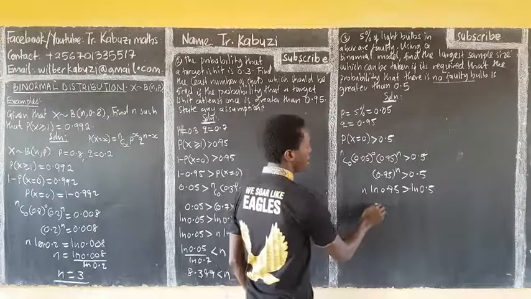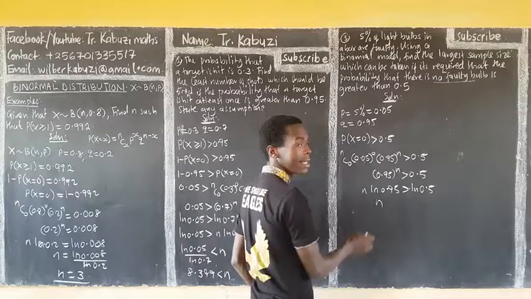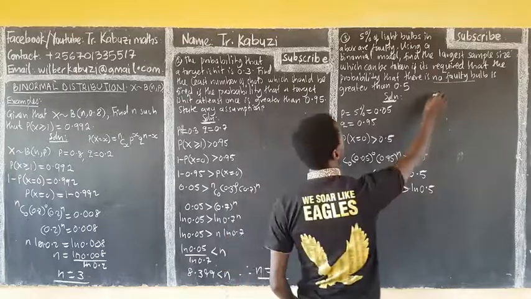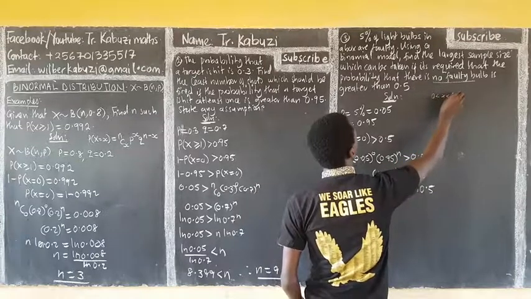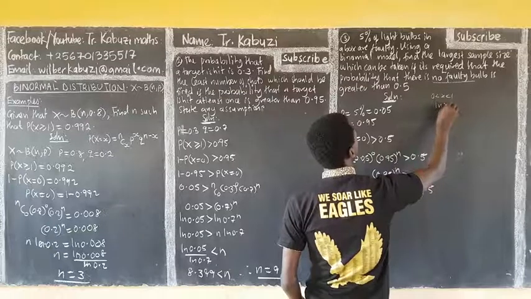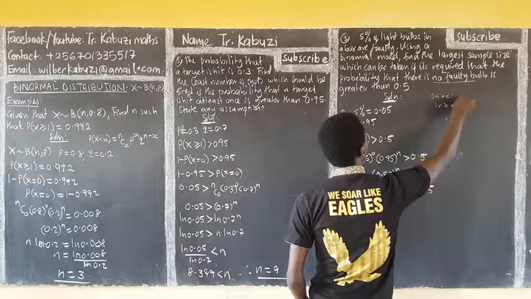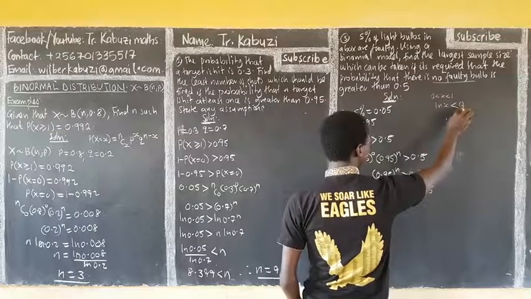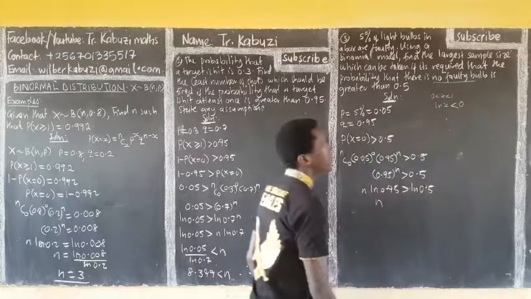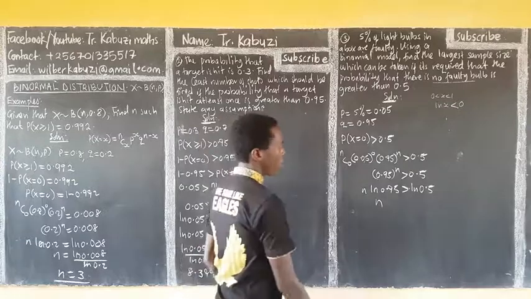So now this will be ln. Now because whenever you have a value of x between 0 and 1, the natural log of x is always going to be less than 0. It's going to be negative. So we divide it by this.